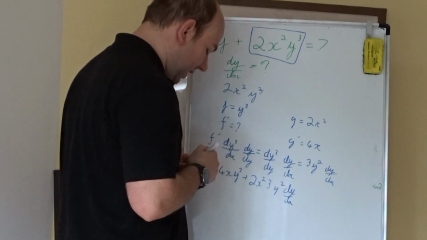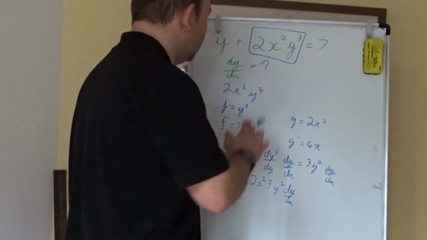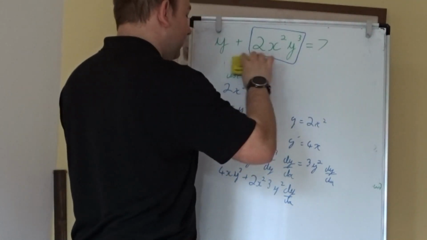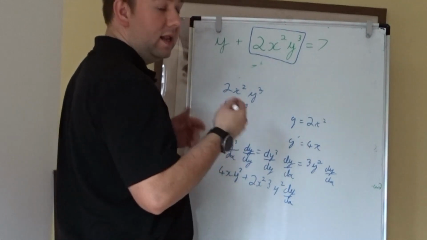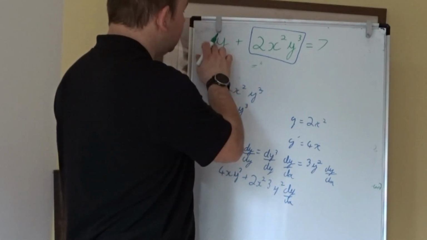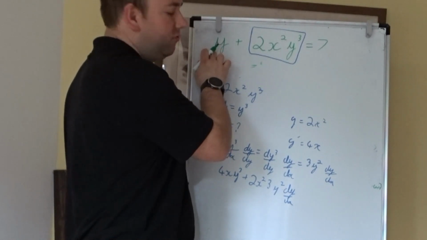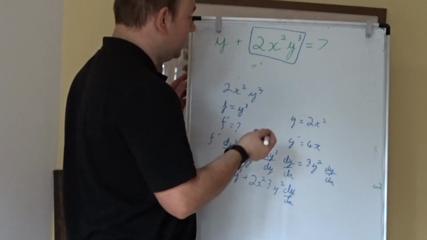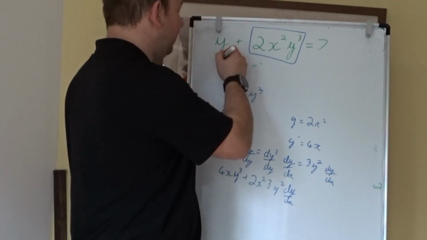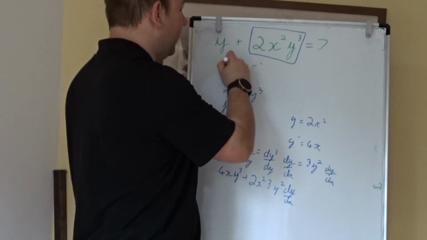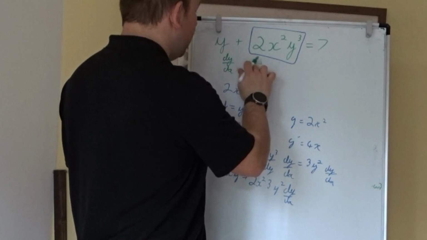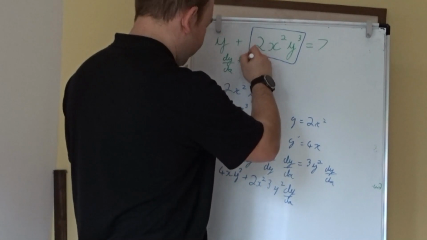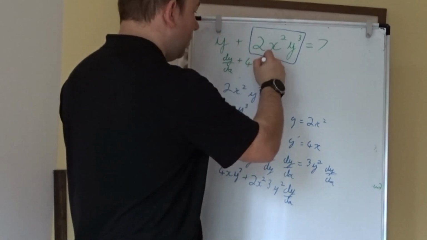So let's go back to the green pen, and I can rub this out for the time being because we're going to need to do a bit of rearrangement. We're going to start off with this first term. First of all, we differentiate with respect to x, and that's going to be 0. We're going to add that to the differential with respect to y, which is just 1, and we're going to multiply it by dy by dx. So that's just 1 times dy by dx, which is dy by dx, plus we've got this term, 4x y cubed.